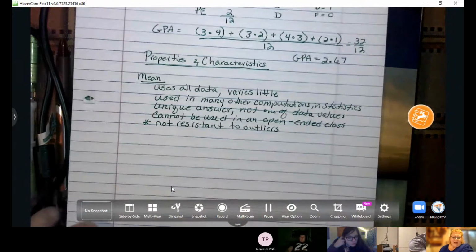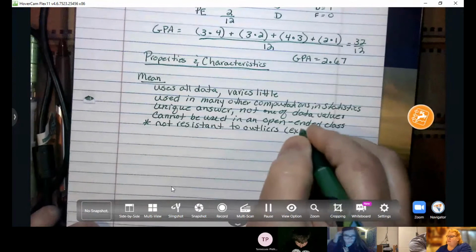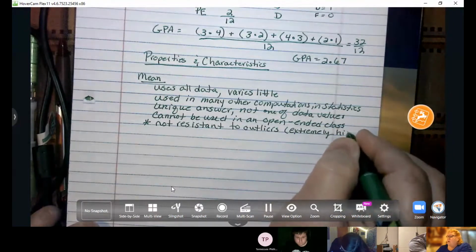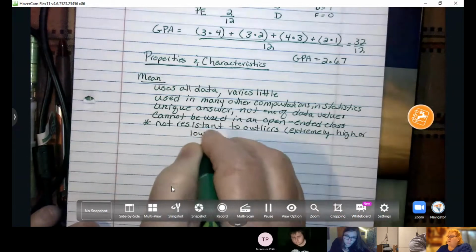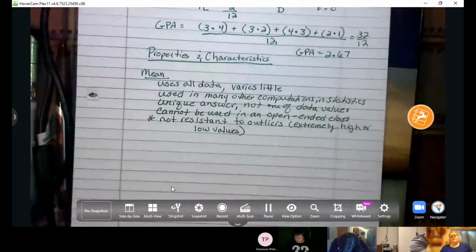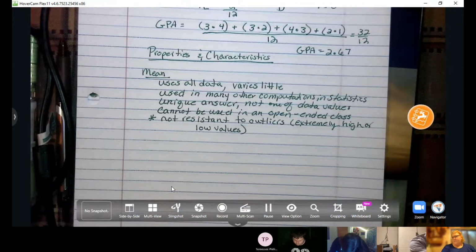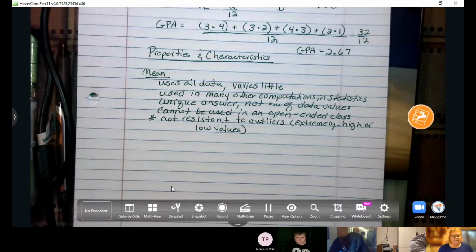And we'll talk about outliers more in a minute, but outliers just means extremely high or low values. What that means if you had a very high number in your group of data or a very low number value, it is going to change the value of the mean significantly.